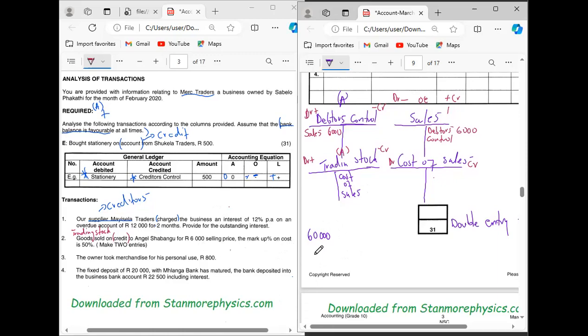So 6,000 is what we have, and it's going to be multiplied by what we are looking for, which is the cost of sales.